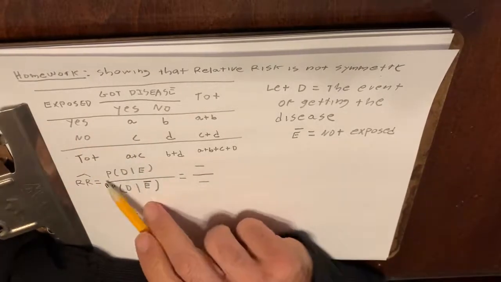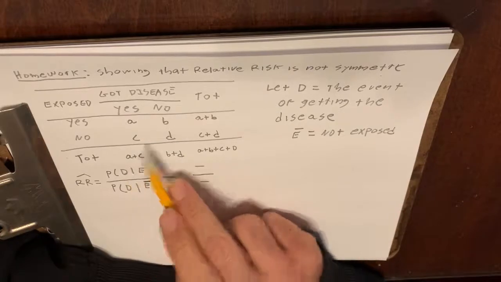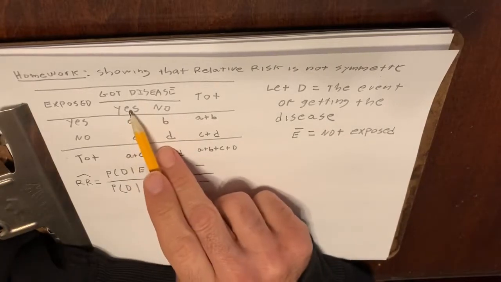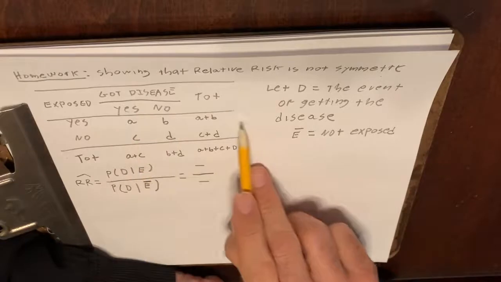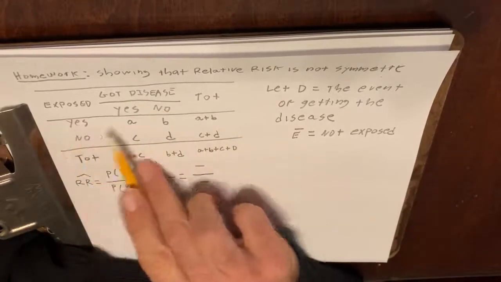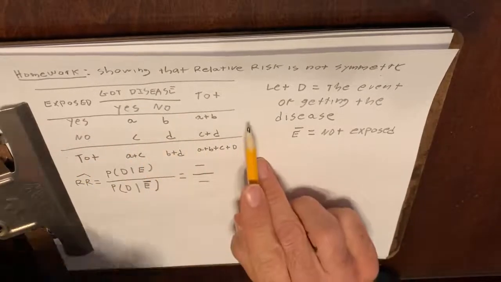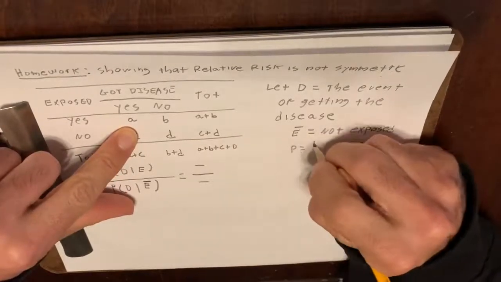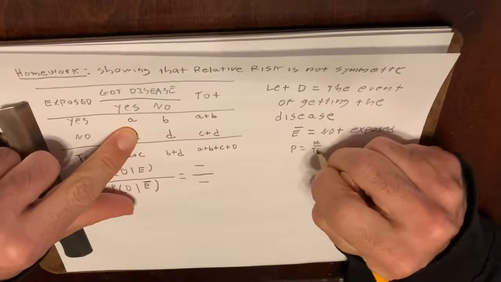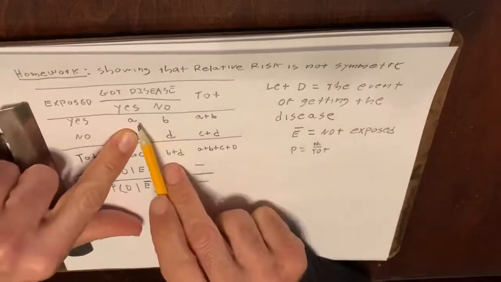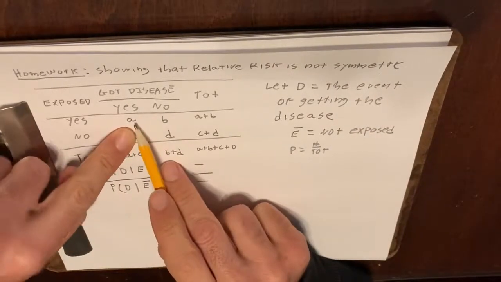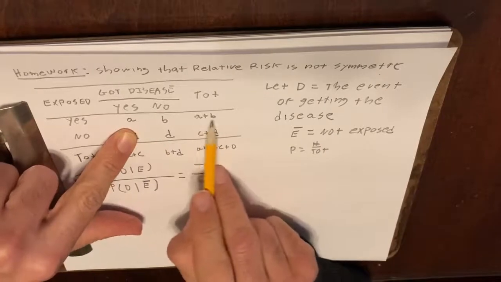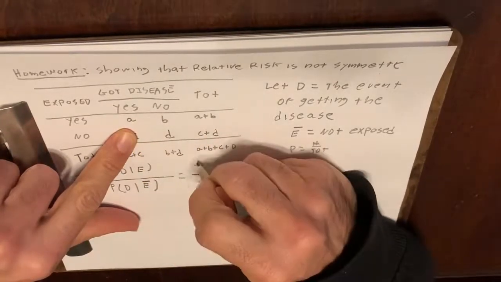So the probability of randomly selecting somebody who got the disease, that would be a yes, given that they were exposed. So now you're only looking at the people who are exposed. Remember, probability is a number over a total, right? So the number who actually got the disease, given that they were exposed, well, that's A over A plus B.